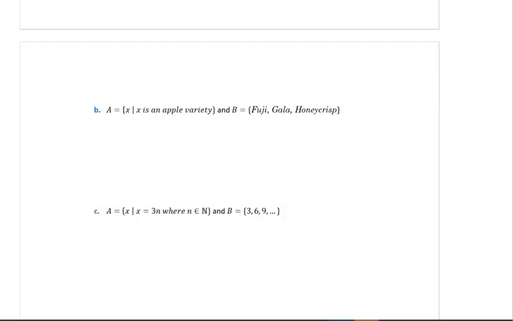In this case, set A is not a subset of set B, and set A is not a proper subset of set B. In order for A to be a proper subset of B, every element of A would also have to appear in B, first off. And notice that that's not the case.